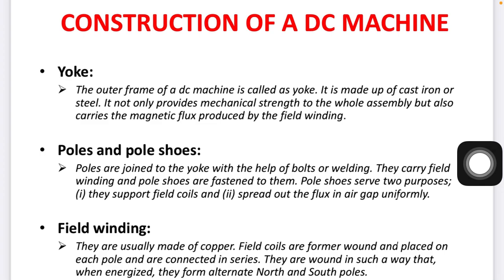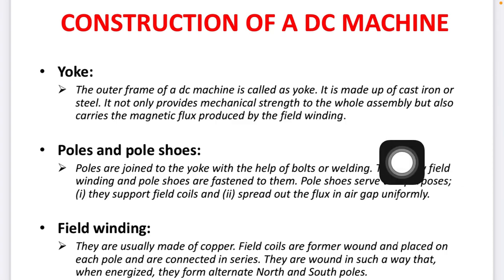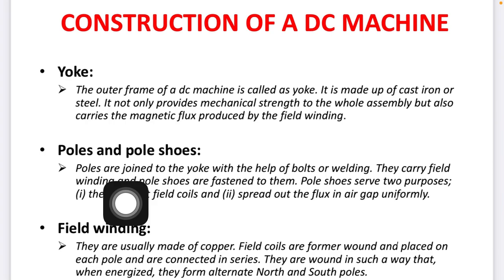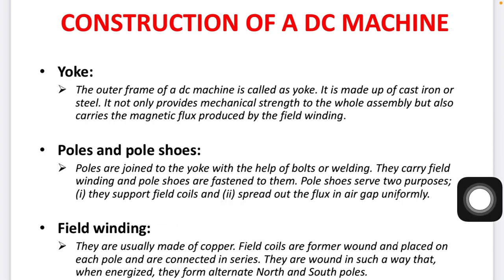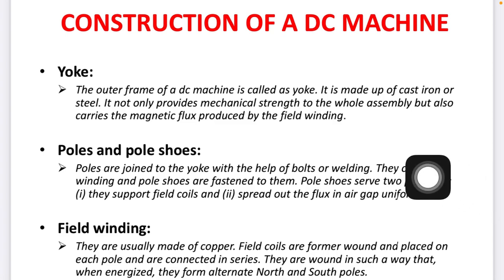Second is the pole and pole shoe. As I told you, the pole carries a winding called the field winding, and the pole shoe has a larger cross section so that the magnetic field spreads easily. The poles are joined to the yoke with bolts or welded.